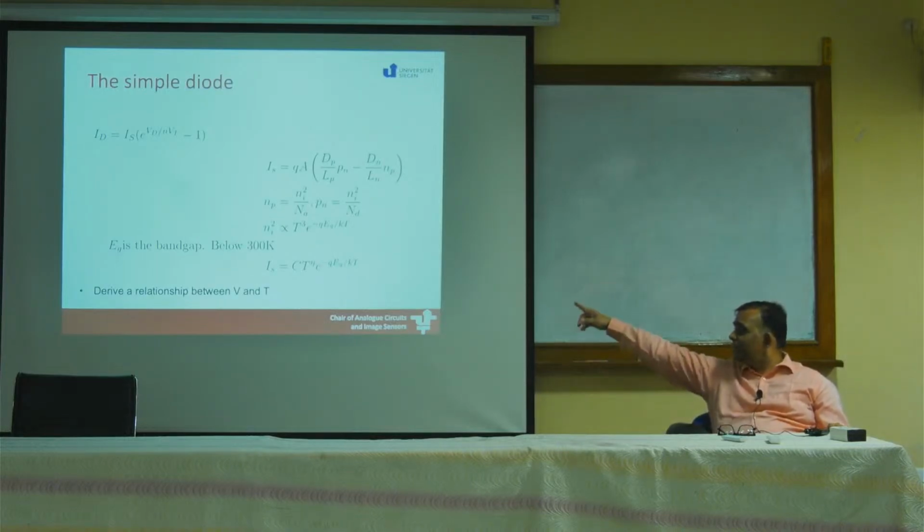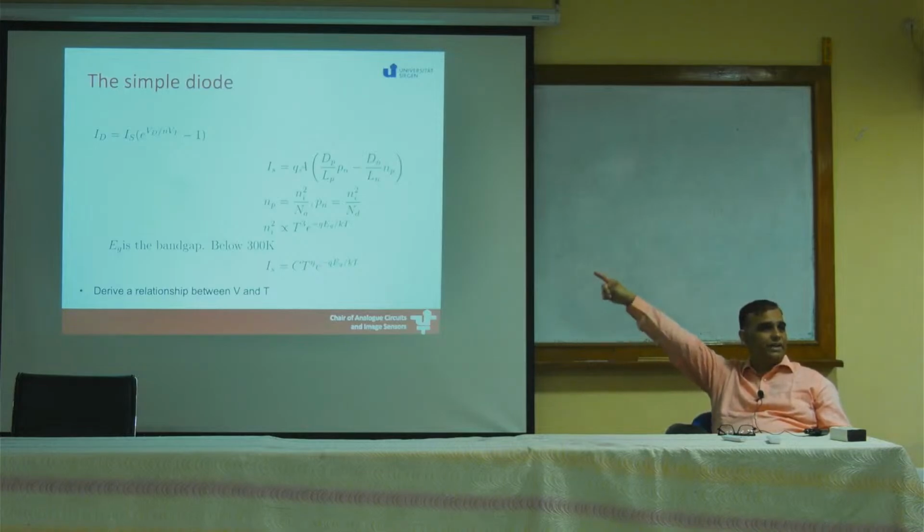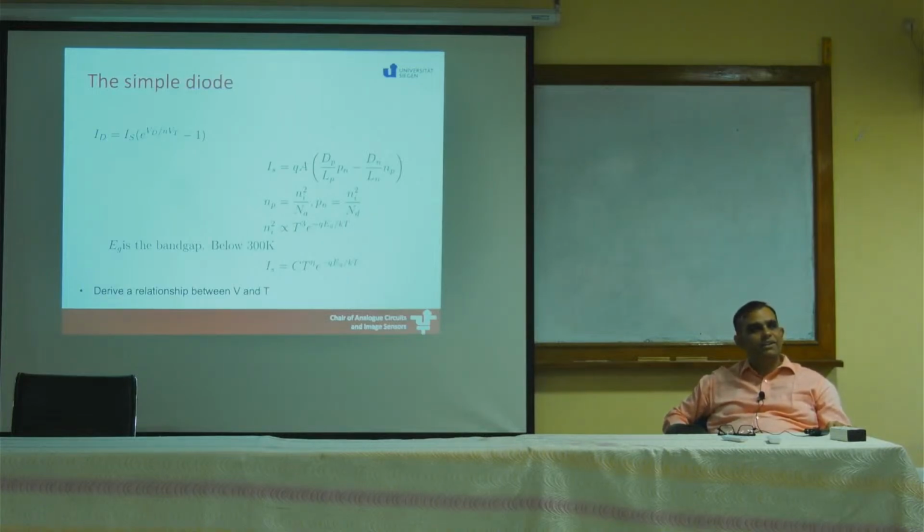So, essentially we are putting the Is equation into the first equation and then rearranging to get a relationship between Vd and temperature. Could we give that a shot? See how it works? First thing first, if I take a logarithm on both sides, Vd will come out of the exponent.